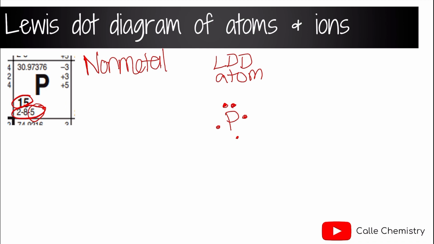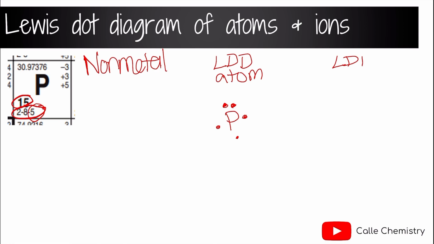So here we have the Lewis dot diagram of the phosphorus atom. Now, phosphorus is going to gain electrons in order to have 8 valence electrons. How many electrons does it need? Well, it has 5, and if the goal is to have 8, it's going to gain 3 electrons.